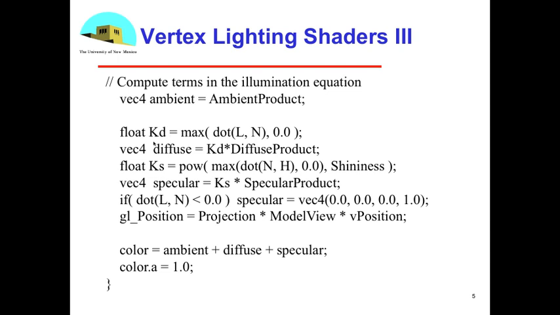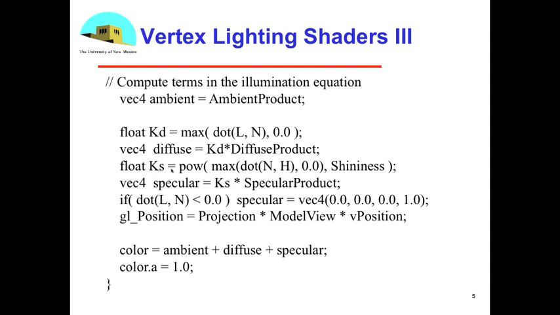Then I'm going to multiply that constant, which is the same in all three dimensions. It's just that cosine, or 0, and multiply that by the diffuse product that I passed in. I'm going to then do a similar calculation for the specular component.